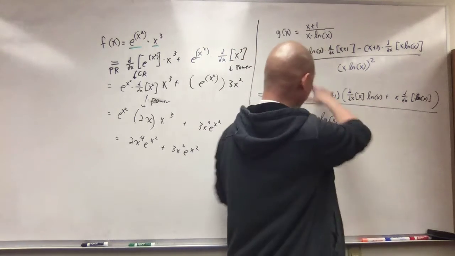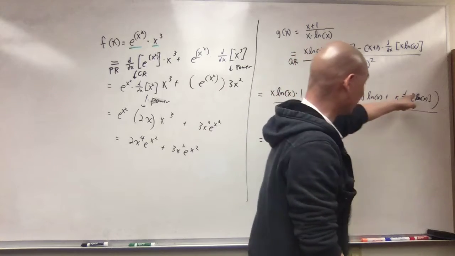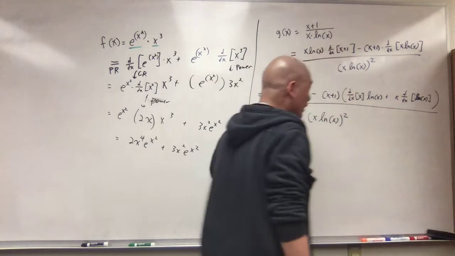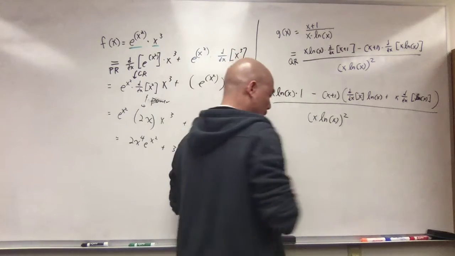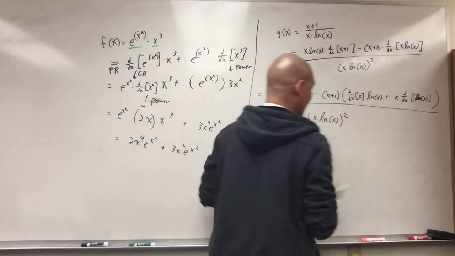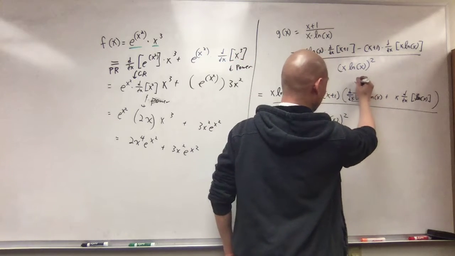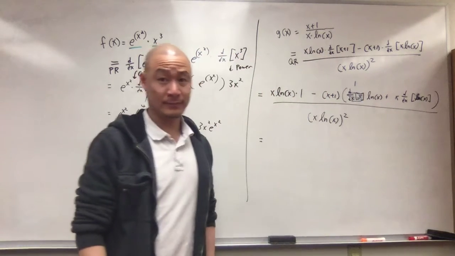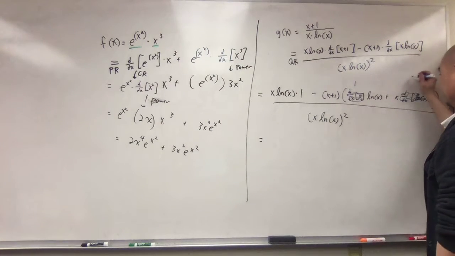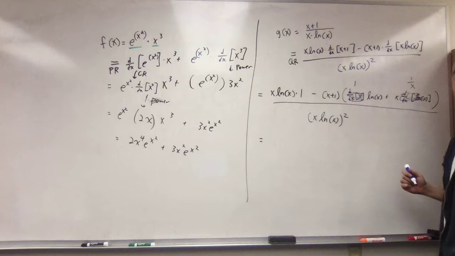And so in this next step, I can keep everything the same, and it's just a matter of resolving these two derivatives, x and natural log of x. I'm not even going to write a whole new line. We both know how to differentiate these things, right? The derivative of x is 1. The derivative of natural log of x is 1 over x.